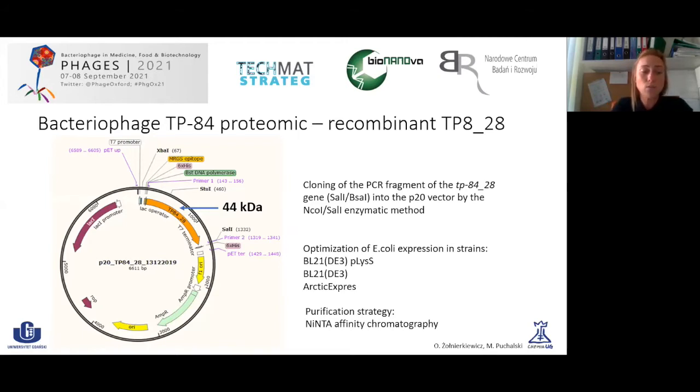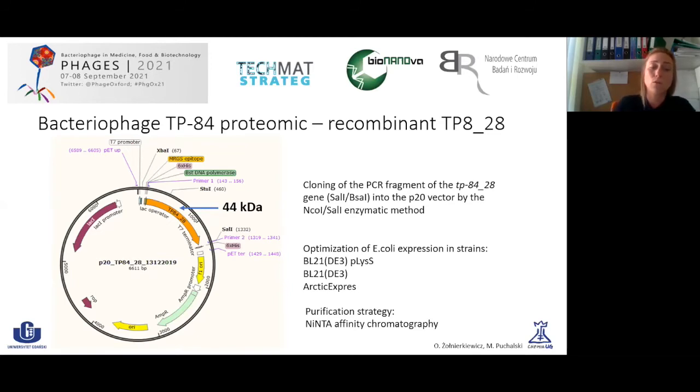The constructed DNA was transformed into E. coli competent cells, and the recombinant clones were screened by colony PCR reaction, restriction analysis, and DNA sequencing. Positive clones were transformed into 3 different competent bacterial cells: E. coli BL21, E. coli ArcticExpress, and E. coli BL21 pLysS.